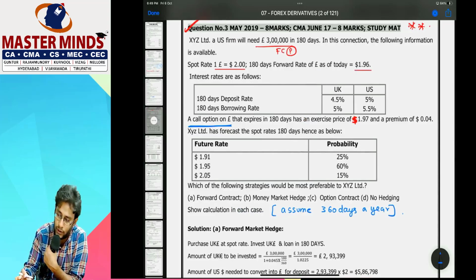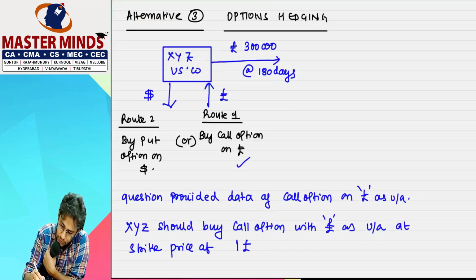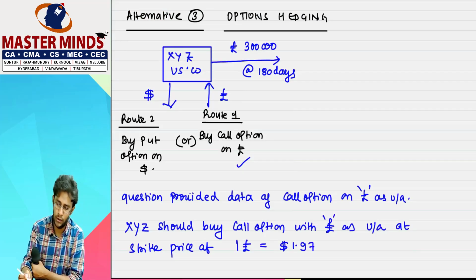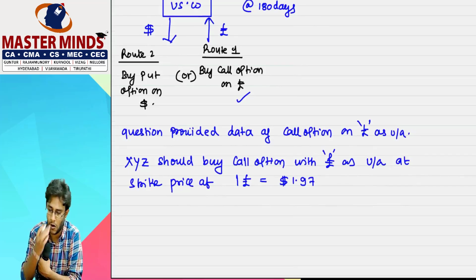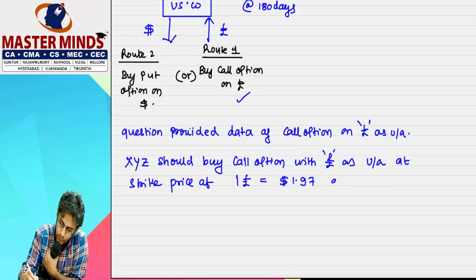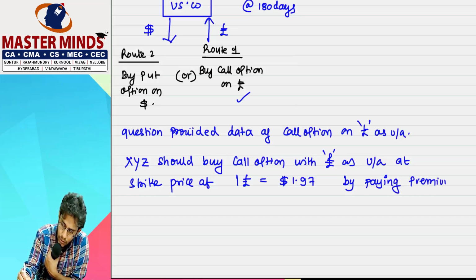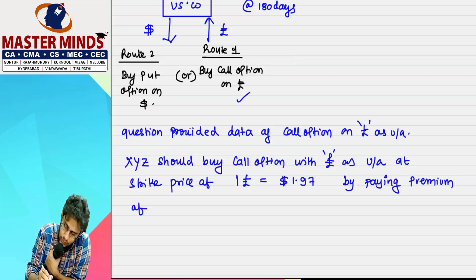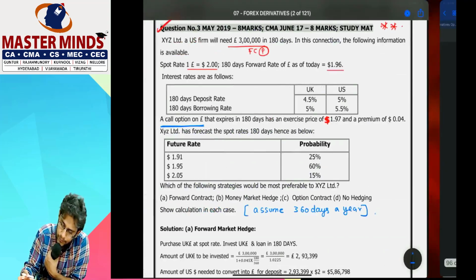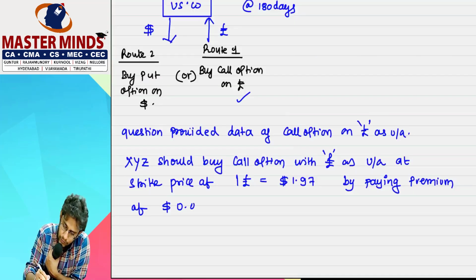At $1.97, by paying a premium of $0.04 per pound.